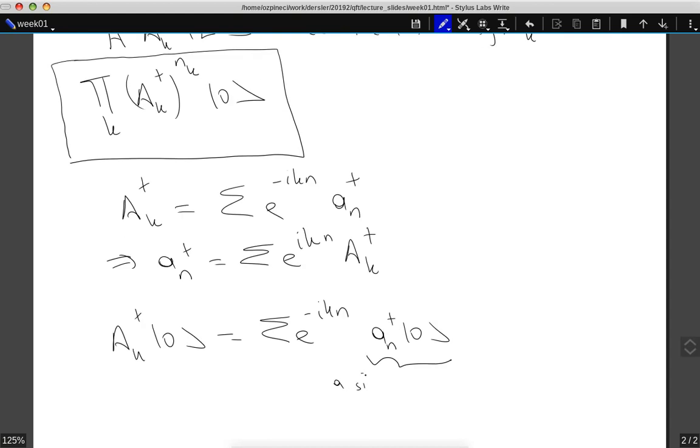This is a single energy packet at the position n. If you ask me, okay, what is the amplitude for observing a particle at the point n in this state? I would just say, well, the amplitude is e to the power minus ikn, which is the wave function.